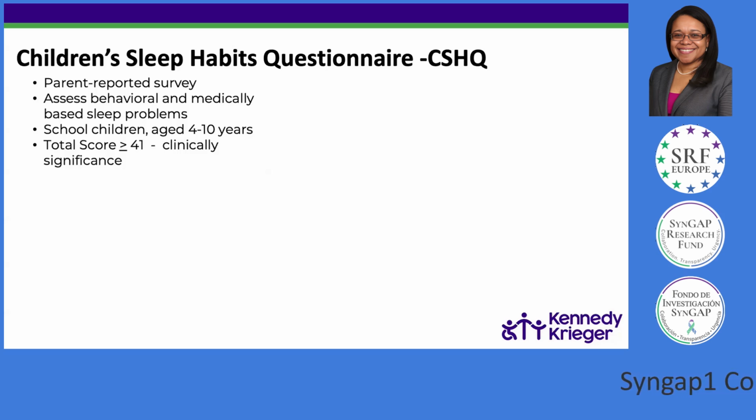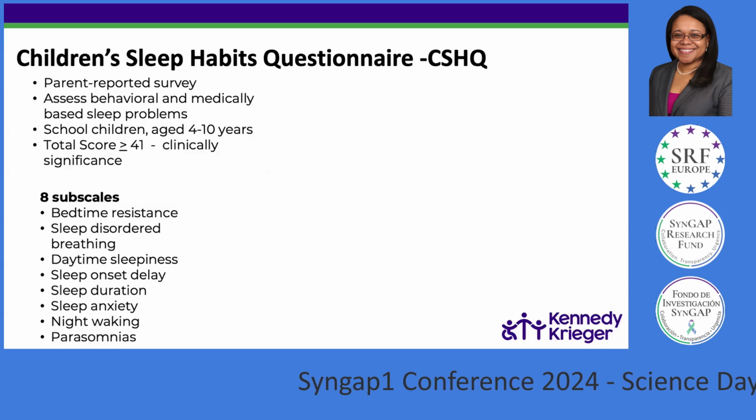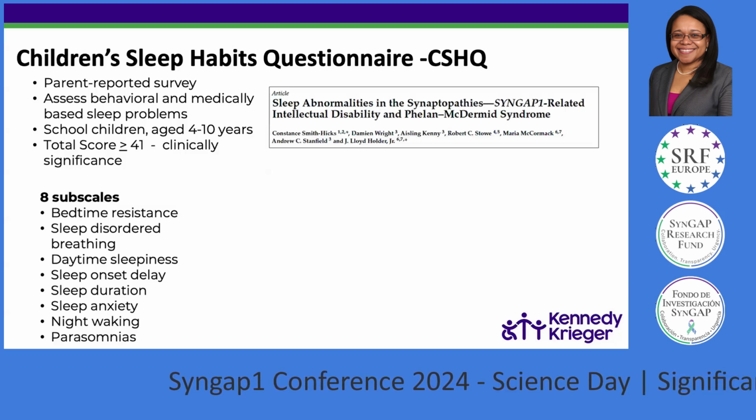A total score of greater than or equal to 41 is considered clinically significant, and it is broken down into 8 subscales. So the subscale scores sum to give the total score.